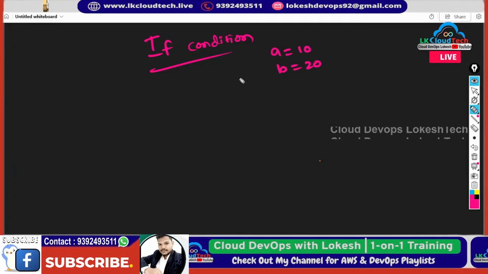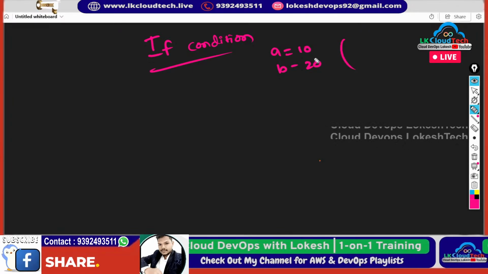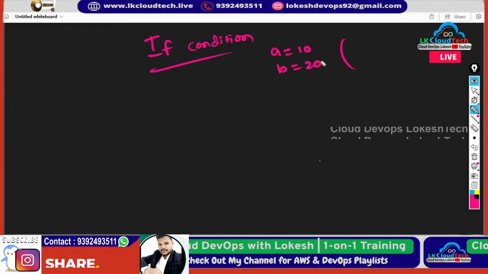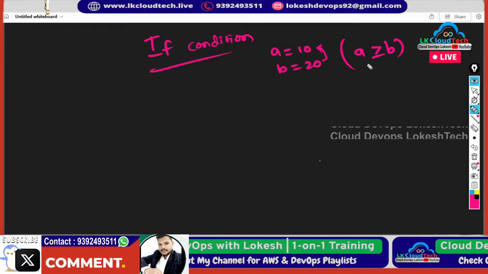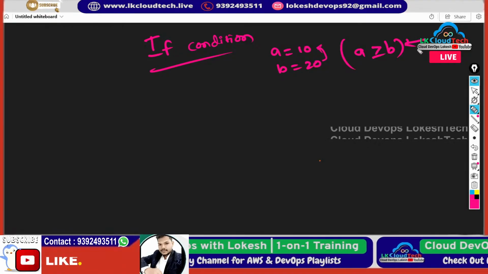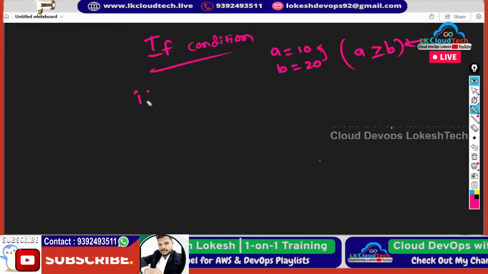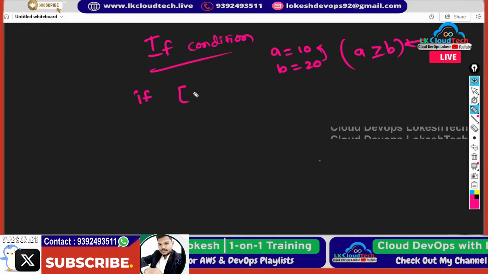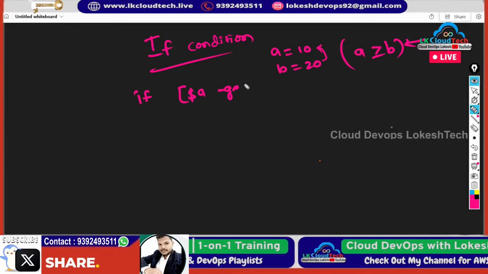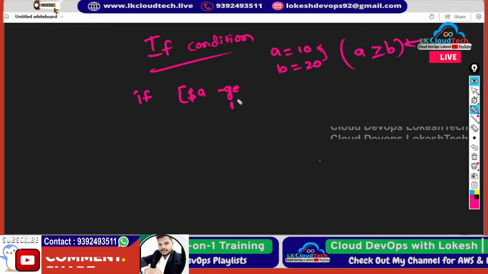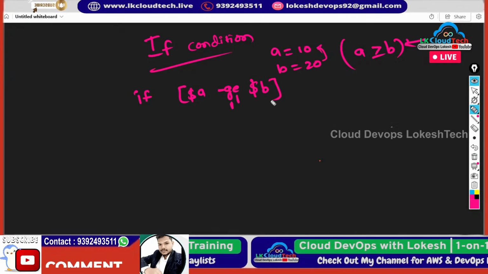Generally, how do we write the mathematical expression, which one is the bigger value? A greater than or equal to B. In shell scripting, we write: if $A greater than or equal, G for greater than, E for equal to, $B. Clear?